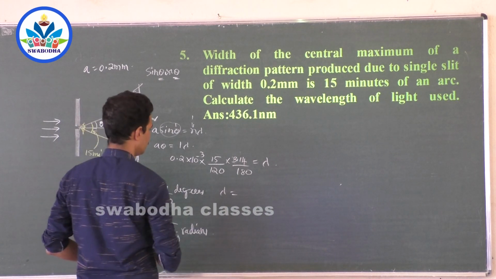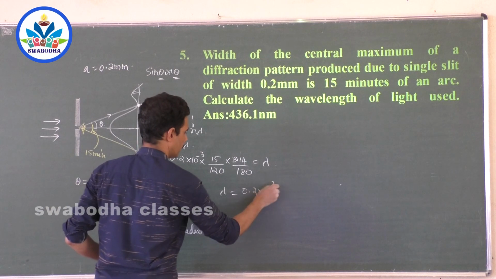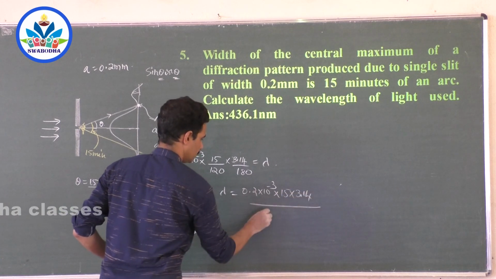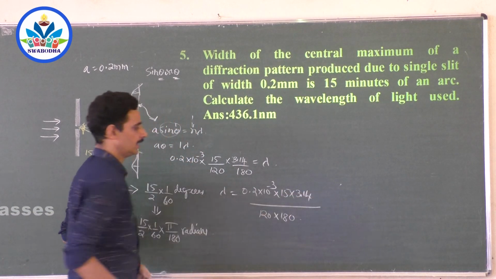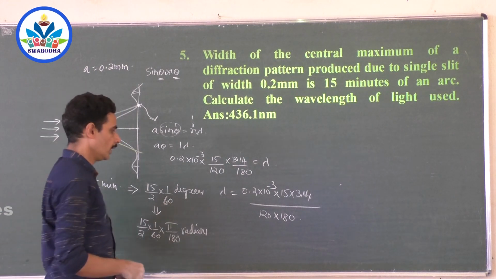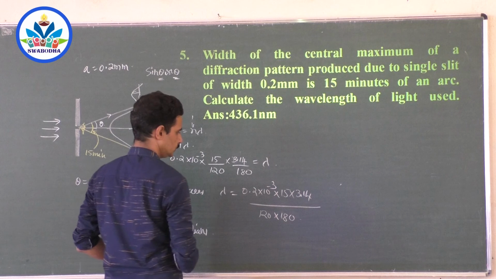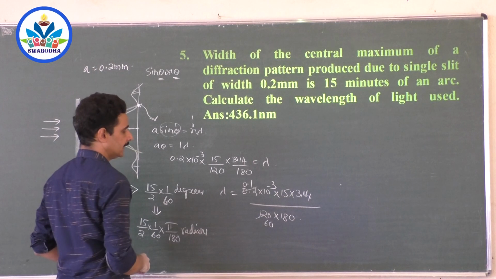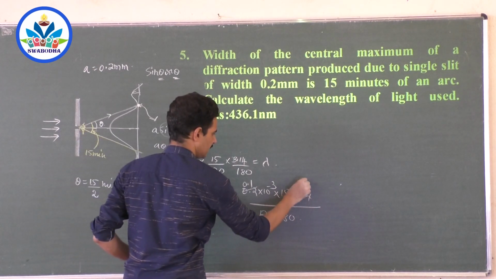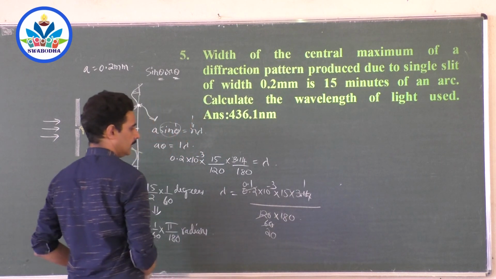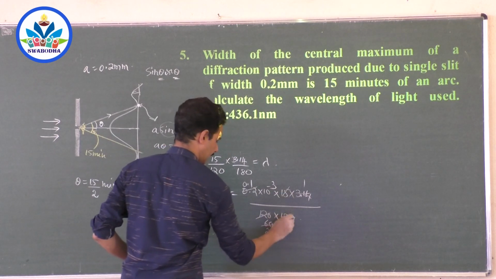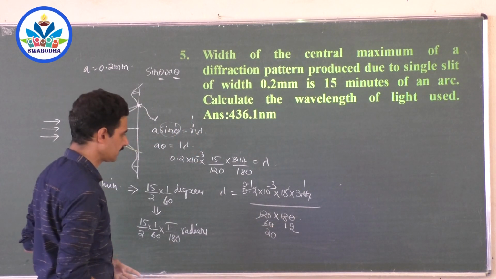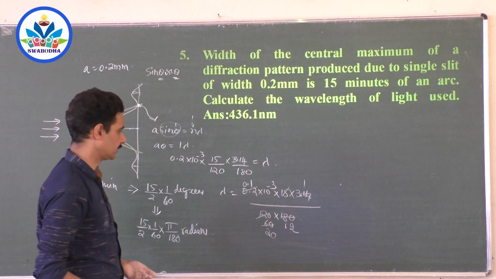What I will get is lambda equal to 0.2 into 10 to the power minus 3 into 15 into 3.14 divided by 120 into 180. Let me check it. Taking it approximately, everything remaining goes in the denominator, so you have to divide somehow.